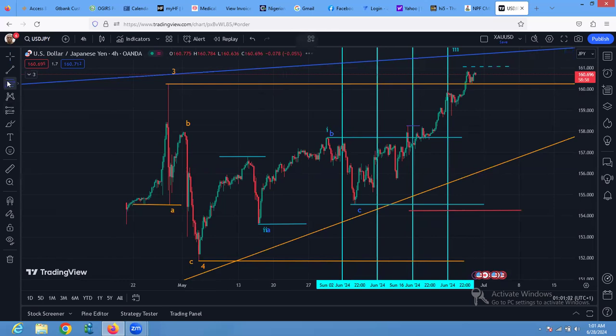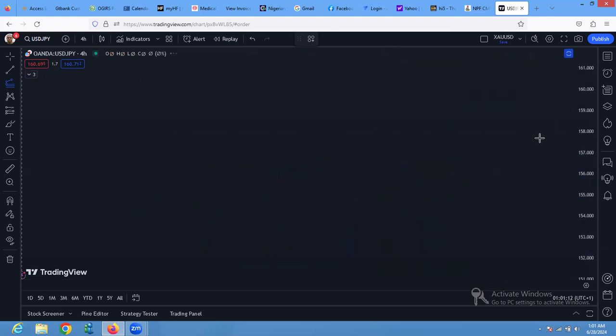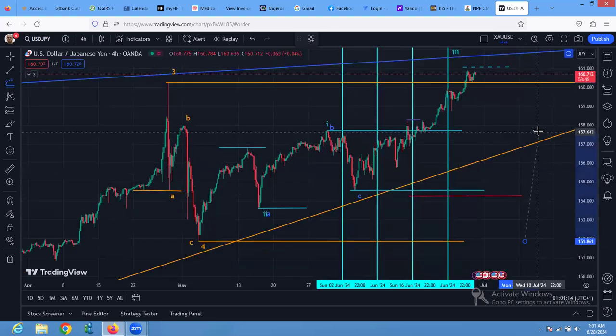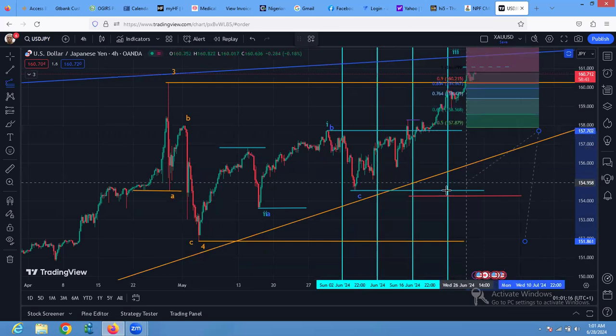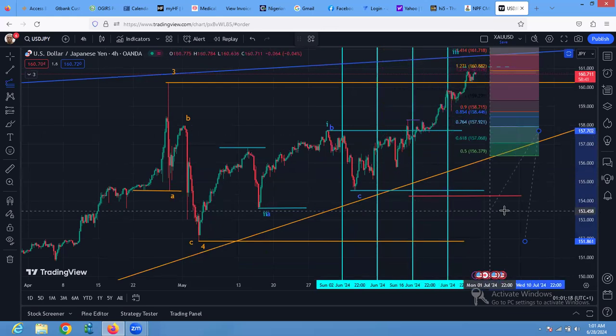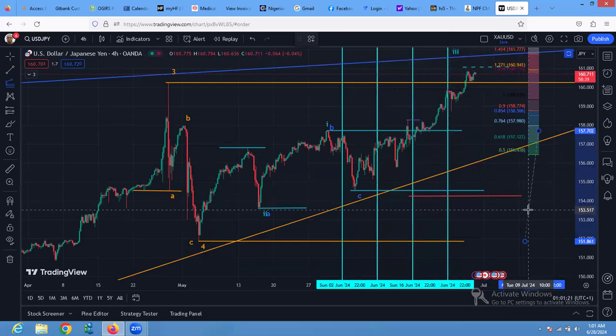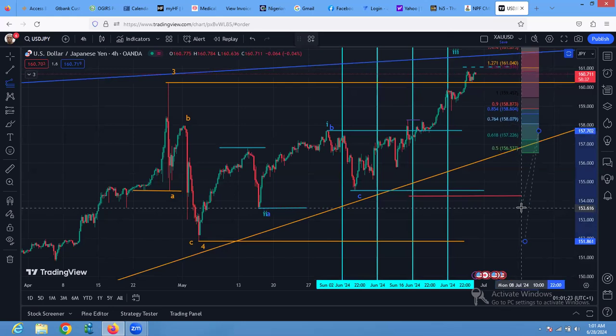So let's see where we are from this bottom to this area back to 2, which is this low here. So okay, this area is like a 127 area.